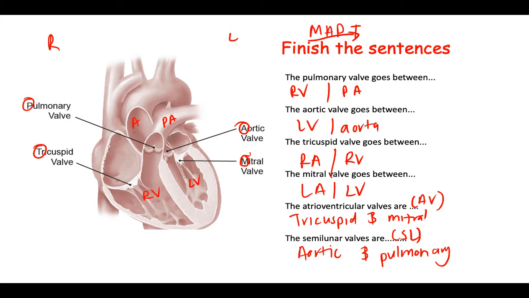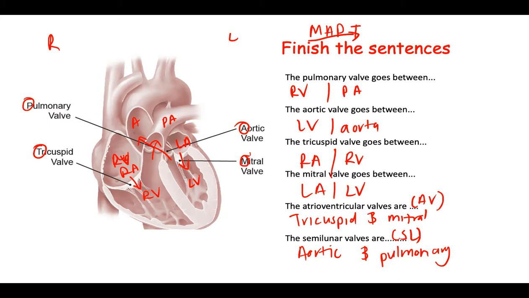The tricuspid goes between the right atria and the right ventricle, and the mitral goes between the left atria and the left ventricle. Okay, the 2 atrioventricular valves, so that just means between atria and ventricle.